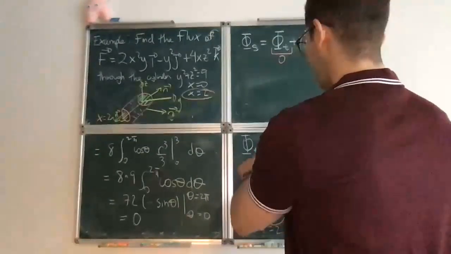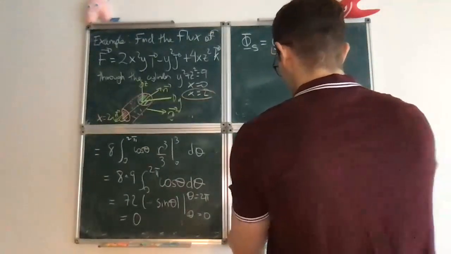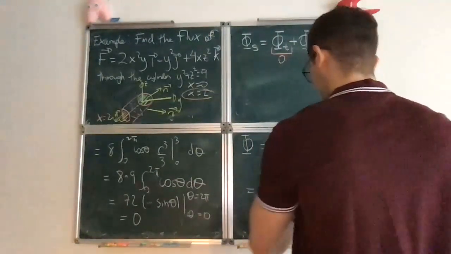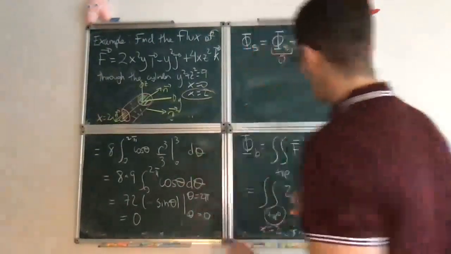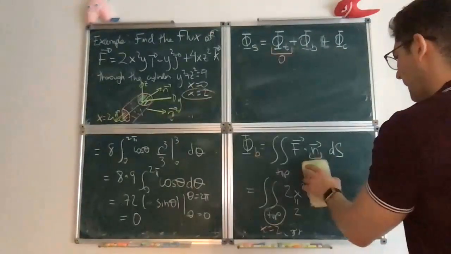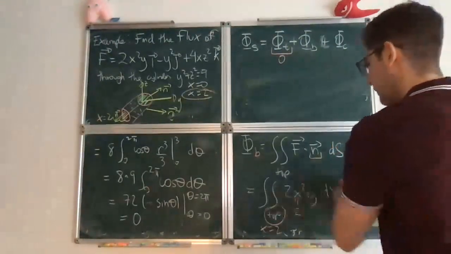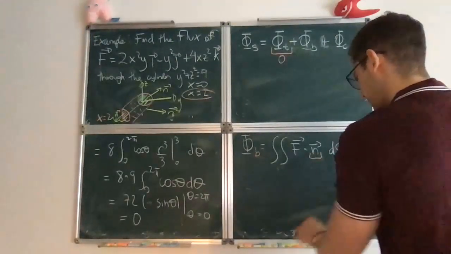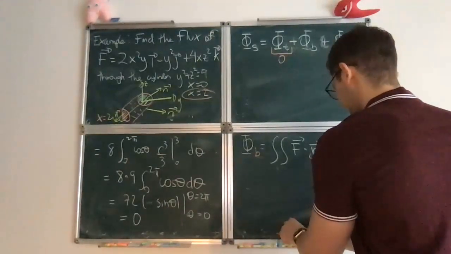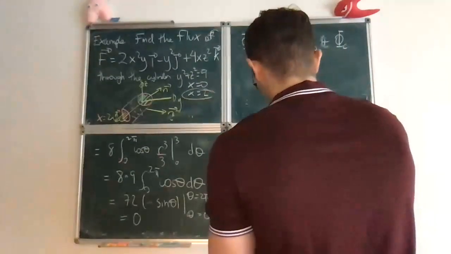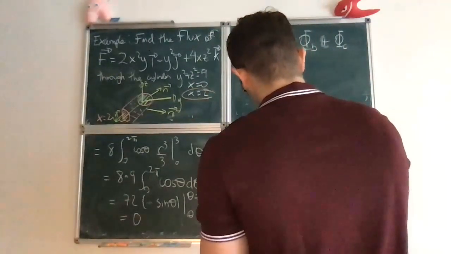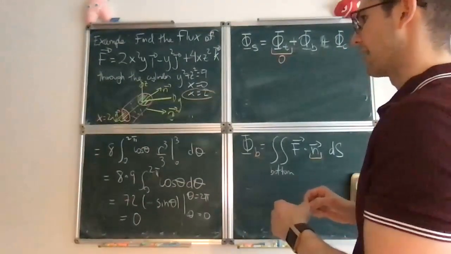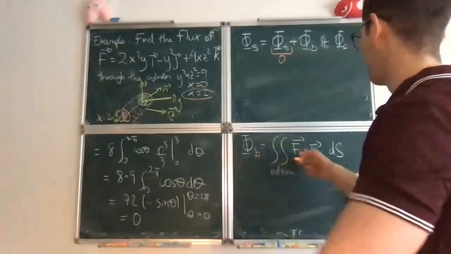Let's go over the bottom piece. So the bottom piece again is the integral over the bottom piece of f with the normal vector.